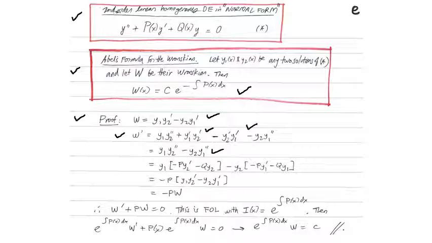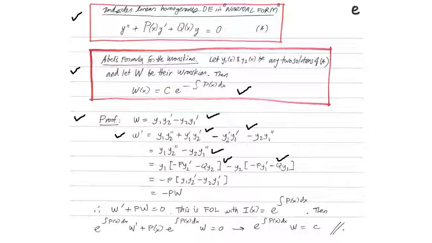So since y2 is a solution of the differential equation star up above, y2 double prime must be equal to minus p y2 prime minus q y2. And similarly, we're assuming y1 is a solution of that same equation, so y1 double prime must be equal to minus p y1 prime minus q y1.